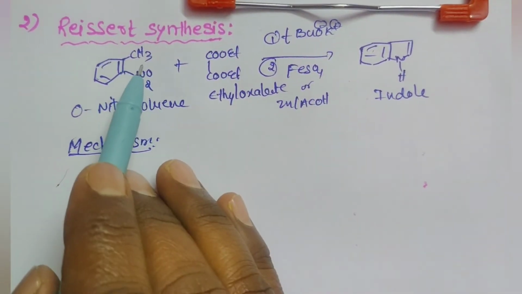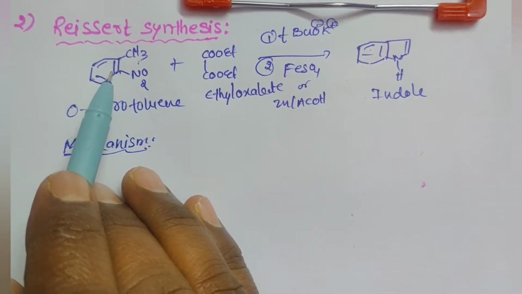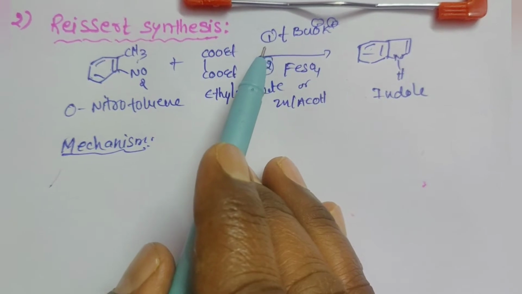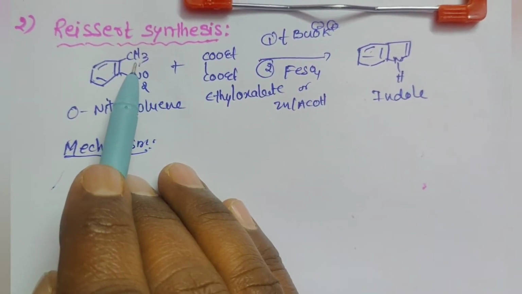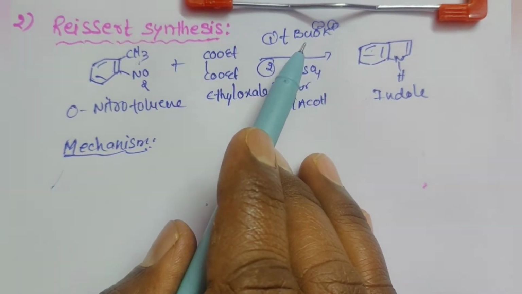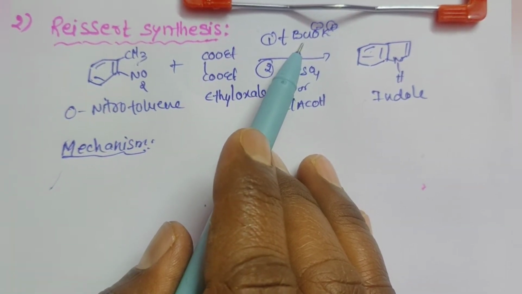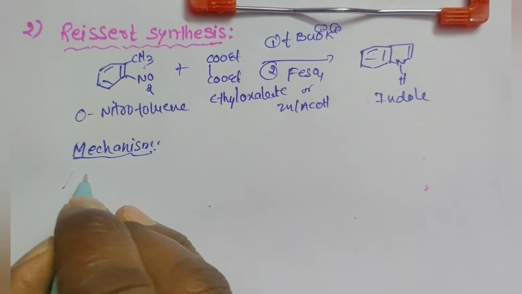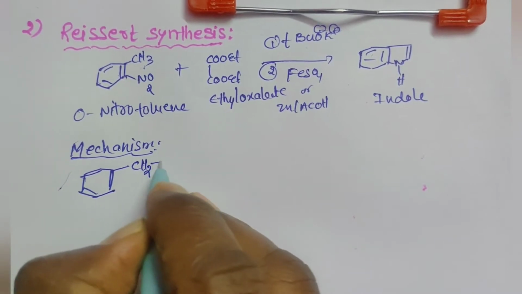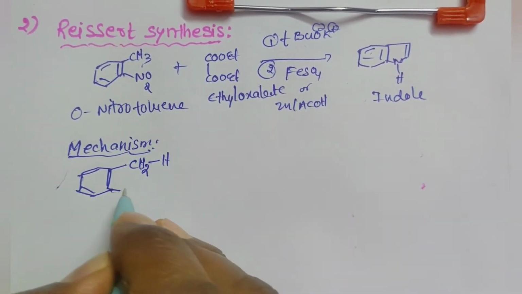As we have already learned, the alkyl group that is present at the alpha position to a double bond is acidic in nature. So as these hydrogens are acidic in nature, they are abstracted by a strong base like tertiary butoxide. For convenience, I write the methyl group like this.